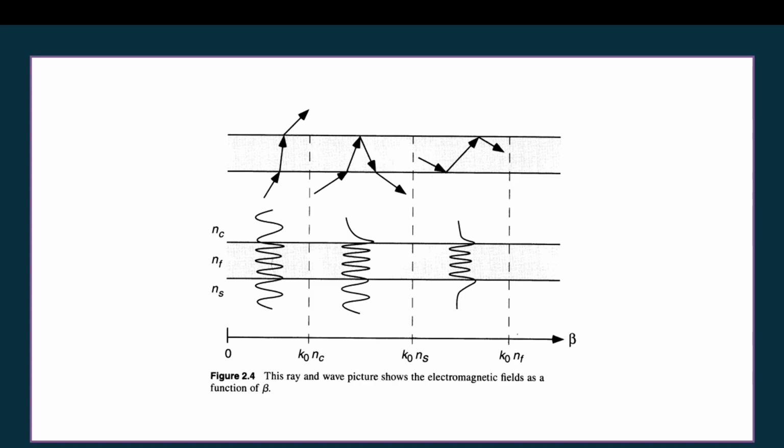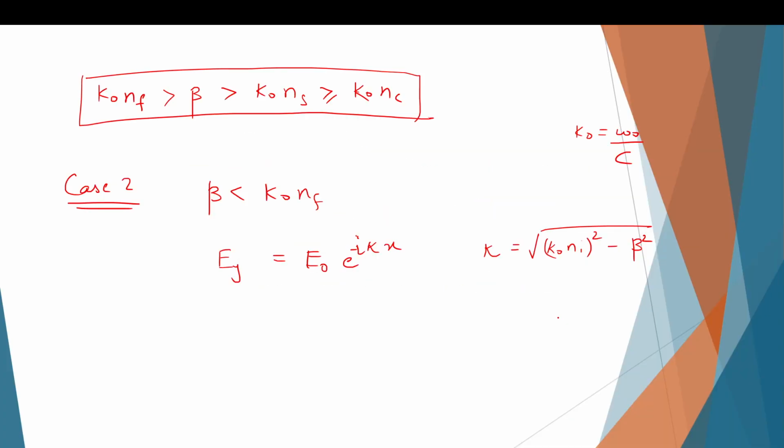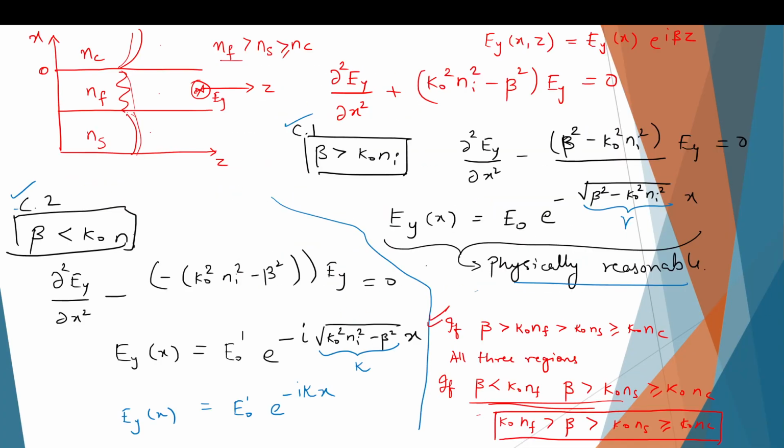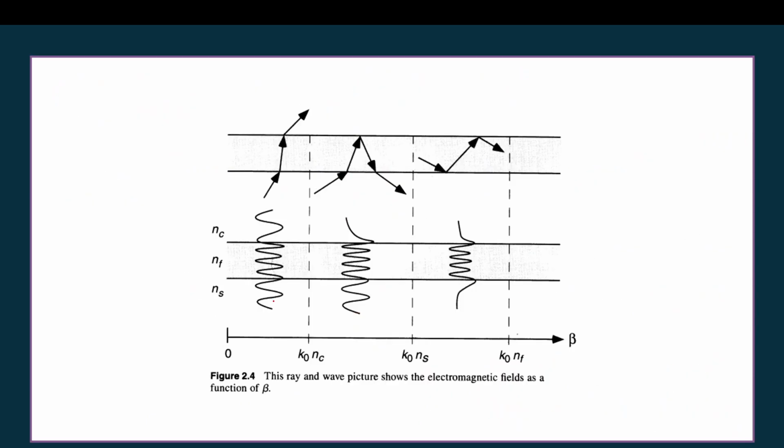Now, just the analysis that we were doing here, if you look at it pictorially, if my beta is less than k naught nc, it will mean that it is less than k naught ns as well, and also less than k naught nf.